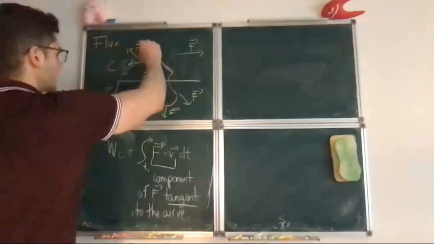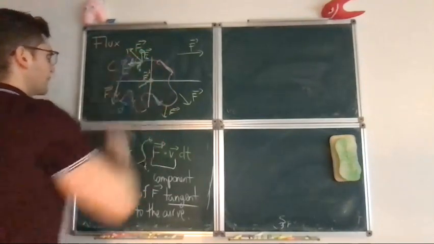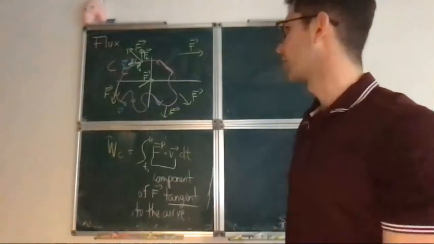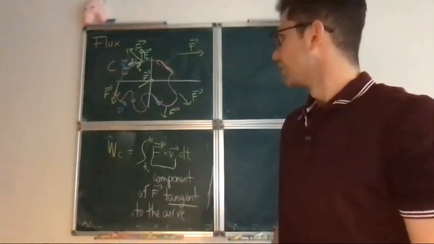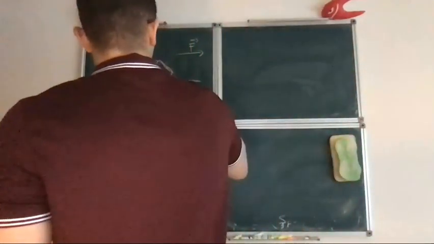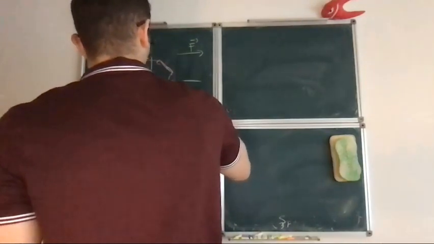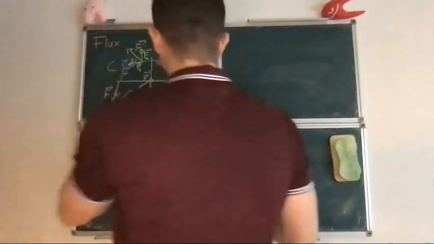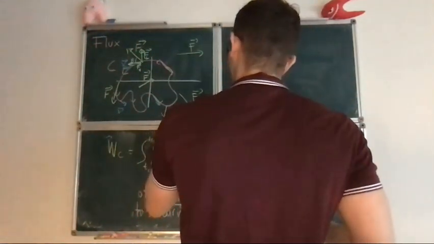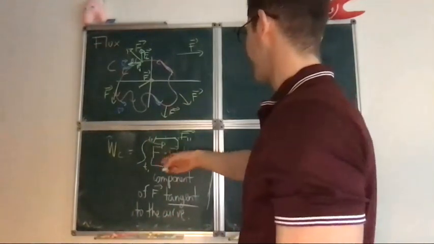Let's call these F perpendicular and F parallel. Again, this should seem familiar from the discussion about projecting a vector along another one. And so the parallel component is the one that we are using here, or the magnitude of the parallel component. Well, it could be negative. So the parallel component is related to the work.